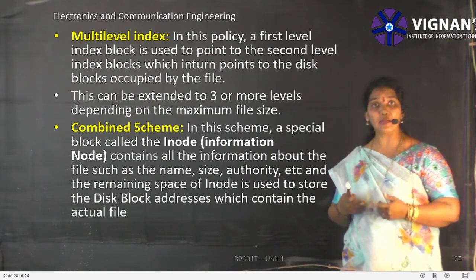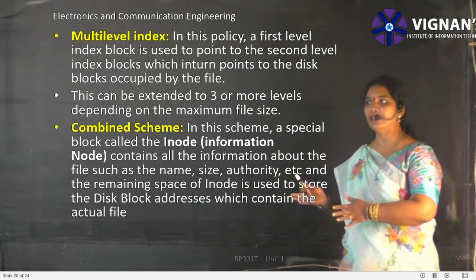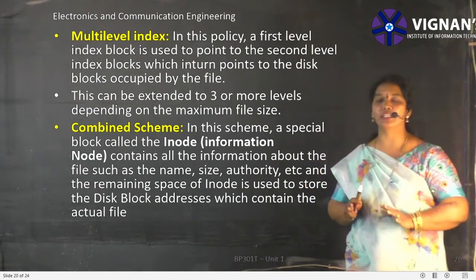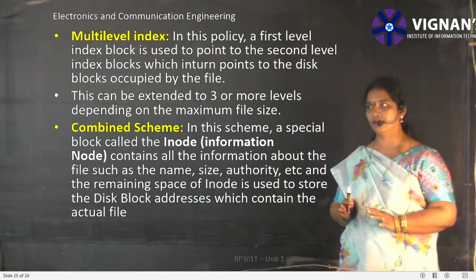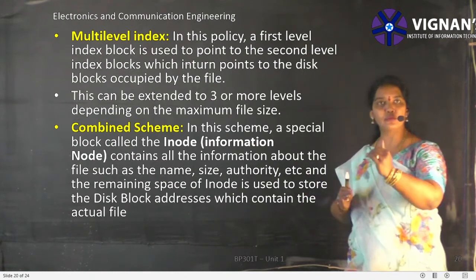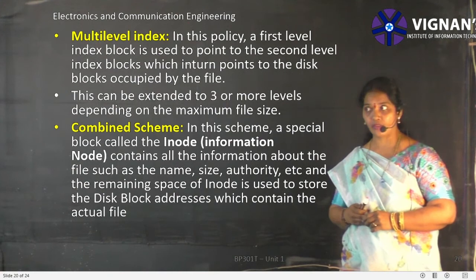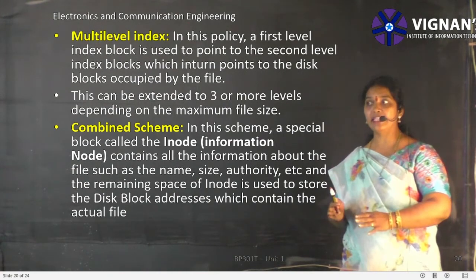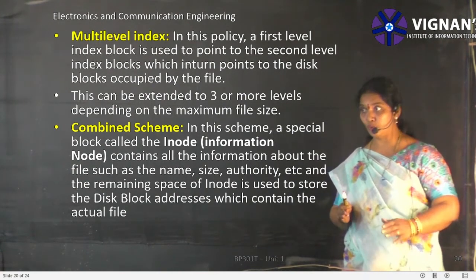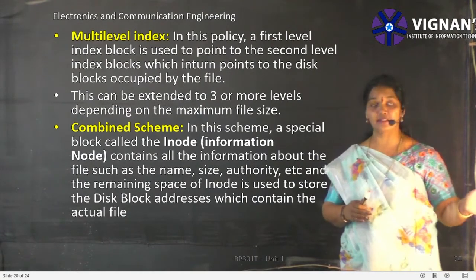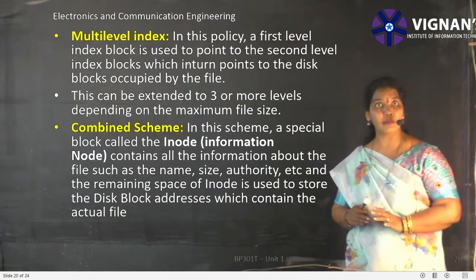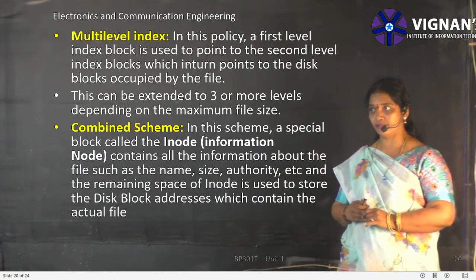In this mechanism, our first level index is used to point to the second level, which may point to the disk blocks occupied by the file. Here, the indexing can be extended to 3 or more levels depending on the maximum file size.